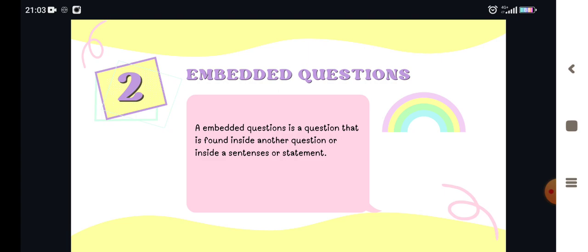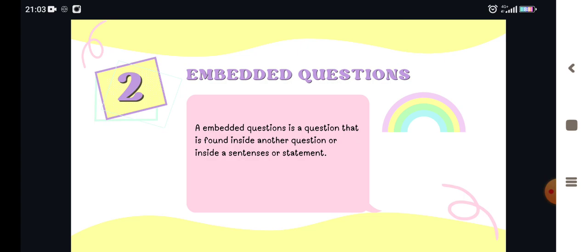It is to introduce a yes/no question, and in a WH question is to introduce a question word. When we use a WH in an embedded question, we need to be careful with the word order because it's changed.